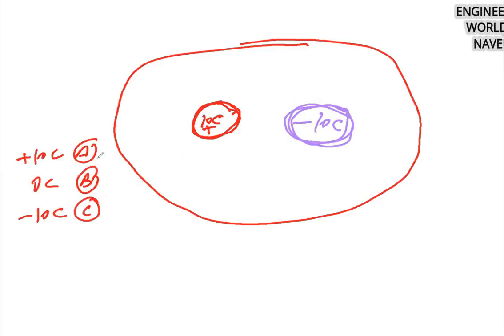What do you think that what will be the potential on the surface, external surface? Sir, 0. Yes, the potential will be 0, because all these fields will move and will attract you toward this, like this.